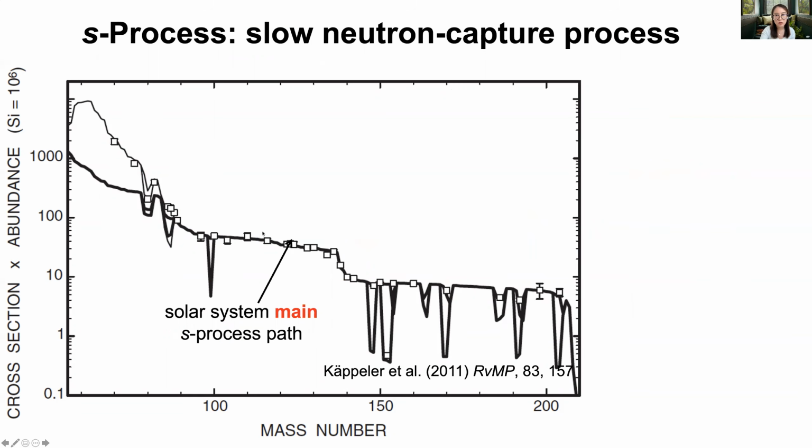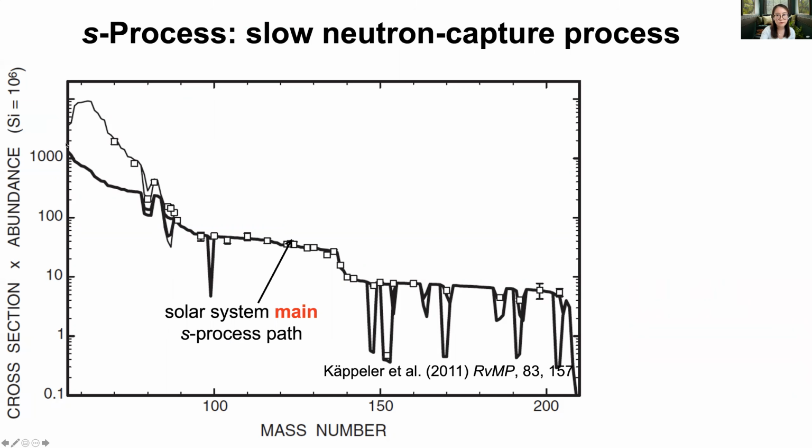These squares along the path are the s-process nuclides in the solar system, which means that they were mainly made by the s-process in ancient AGB stars prior to the solar system formation. And this plot contains all the information about the s-process.